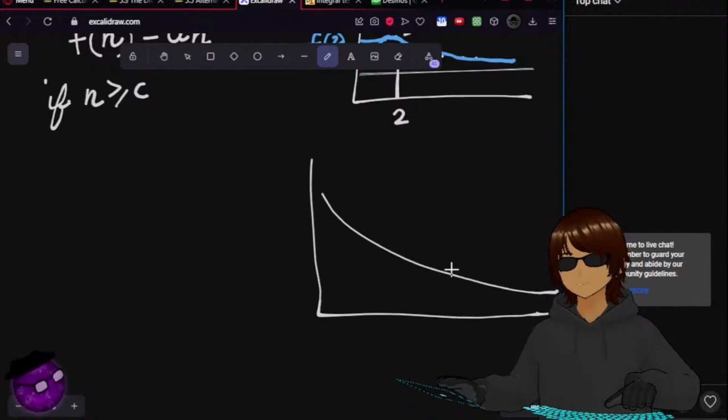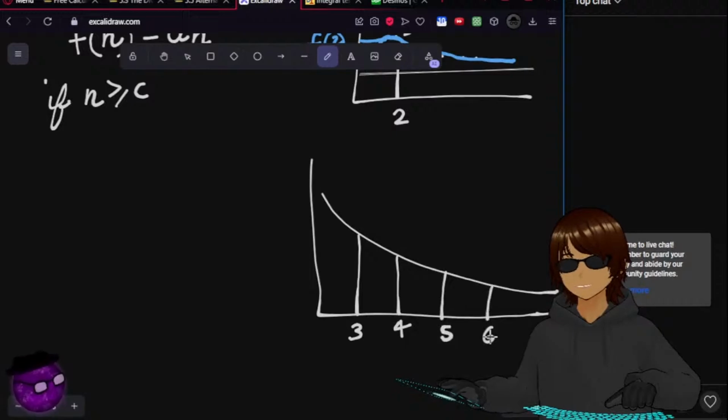We can use the left Riemann sum and right Riemann sum with intervals of, let's say here we have 3, 4, 5, 6, 7.